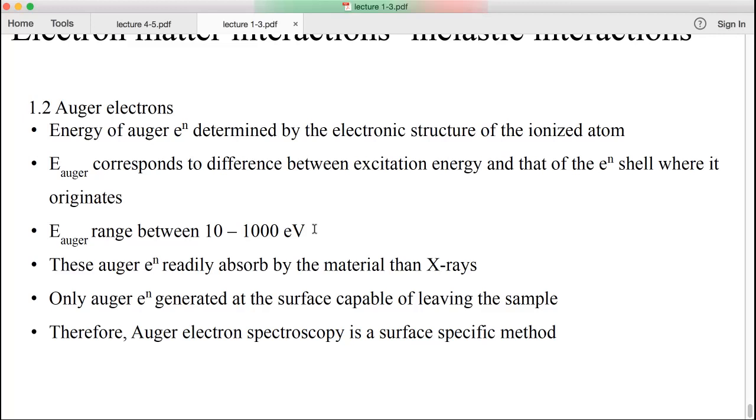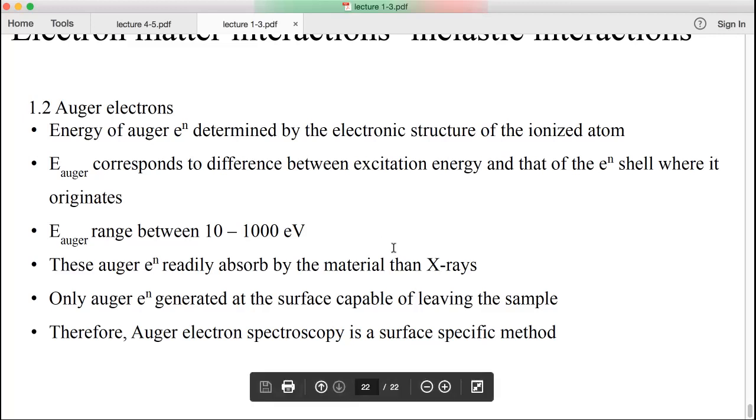There is a separate microscope technique called Auger electron microscopy, and it's a surface specific method, because all the atoms can generate Auger electrons, but Auger electrons can escape only if they are generated from atoms on the surface of the sample.